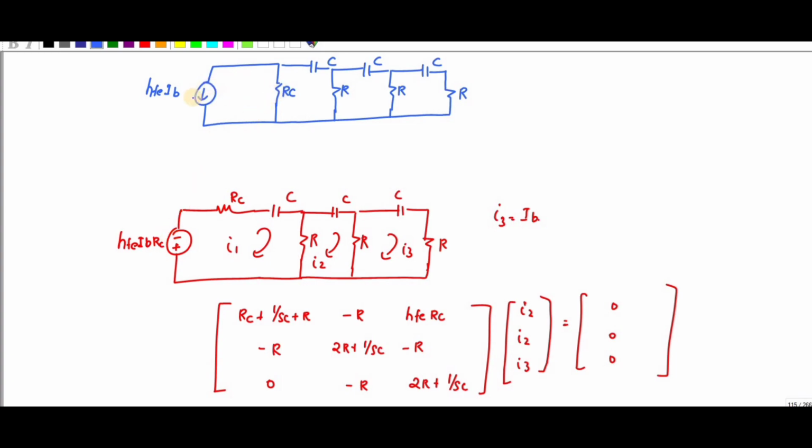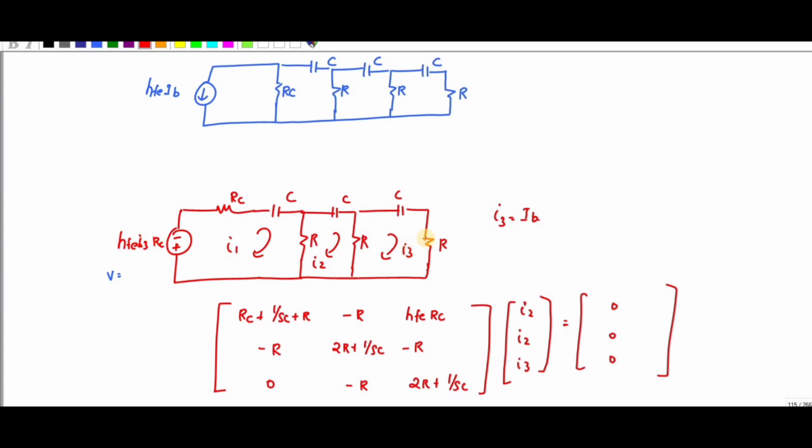I can write V is equal to HFE IB. This is a current into resistance. You form HFE IB RC, and if the current is there, if the voltage is there, you have to connect the resistance in series. So this RC I have to connect like this. Since it is a down arrow, I have represented plus minus like this. So I can now replace this IB as I3.